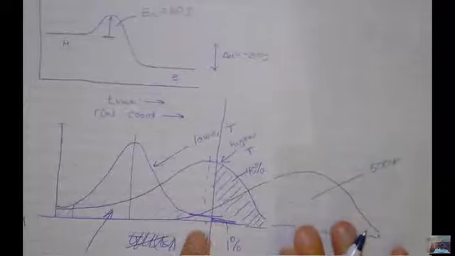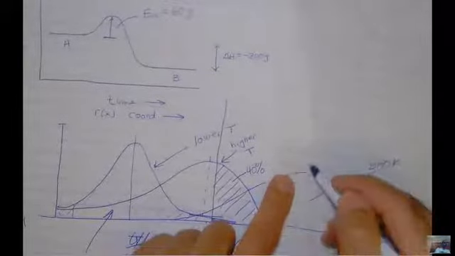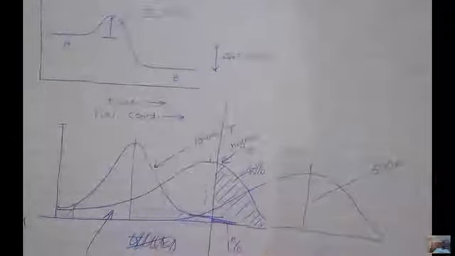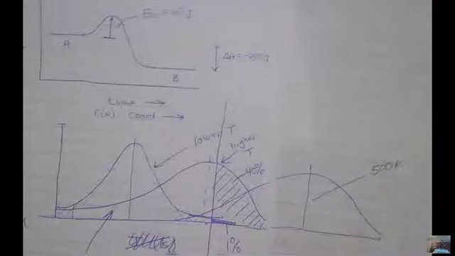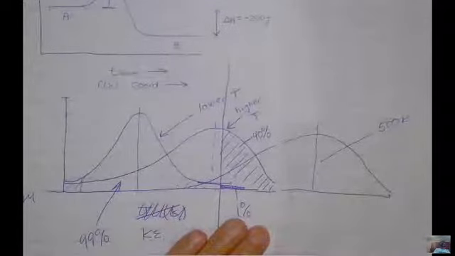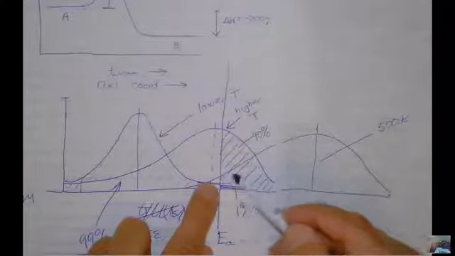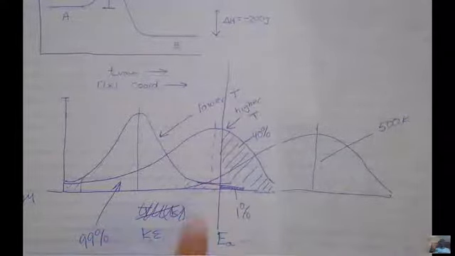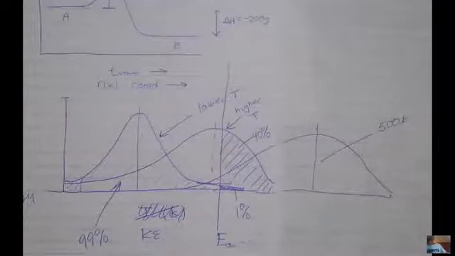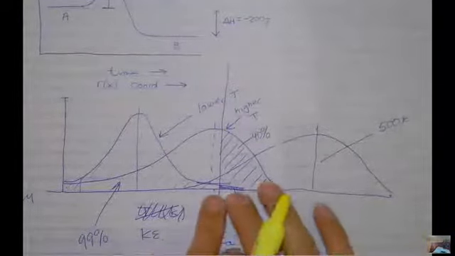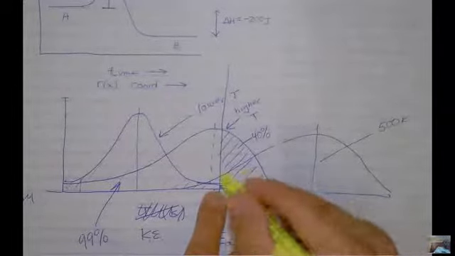Wow, look at that. This graph, the average is here. The average molecule has that much kinetic energy. Everyone, the percentage underneath the curve, let me do it in yellow. Right? Anybody to the right of the line has enough energy to react.